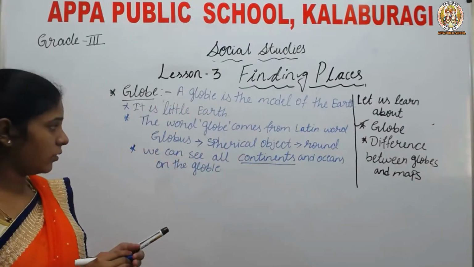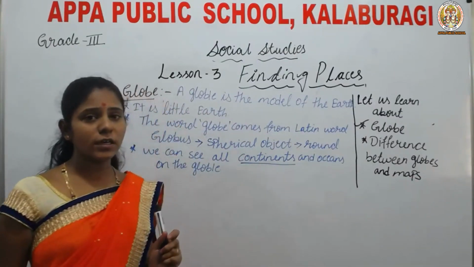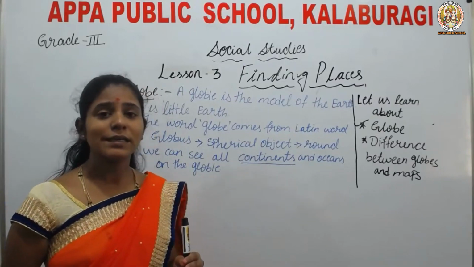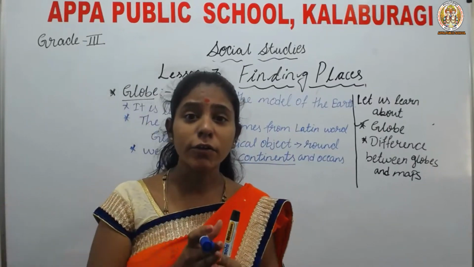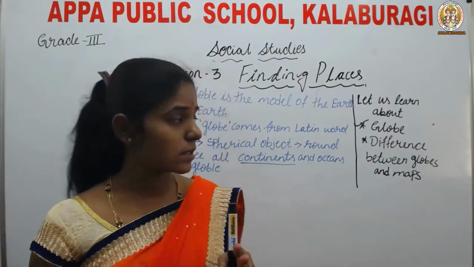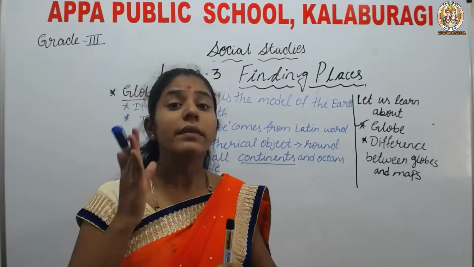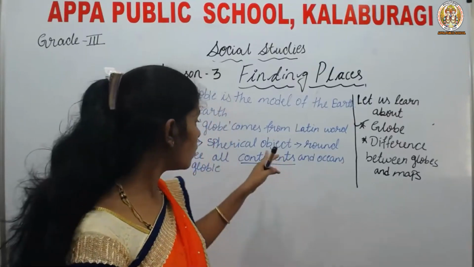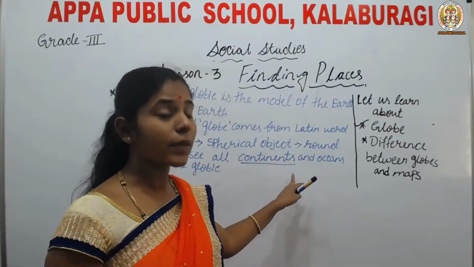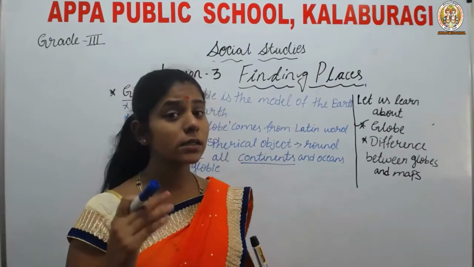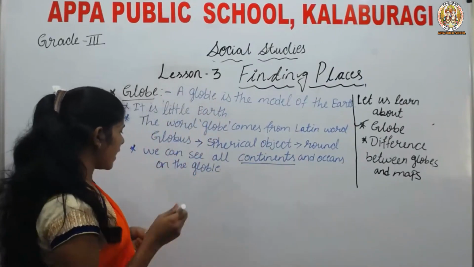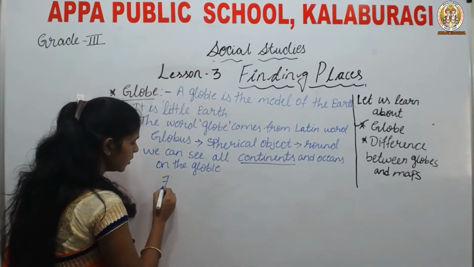The earth is divided into huge land masses. These land masses are called continents.